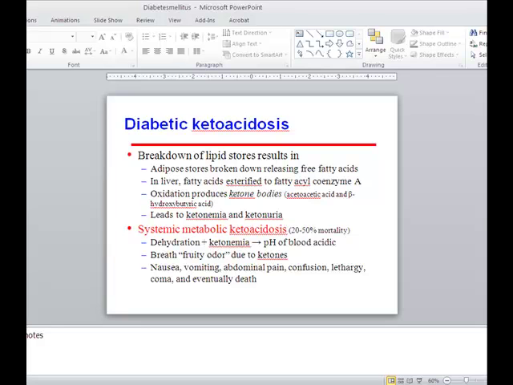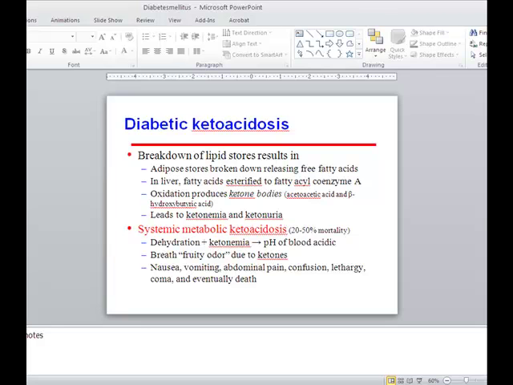And we've seen that the breakdown of these triglycerides leads to fatty acids, and in the liver the fatty acids are converted to acetyl-CoA, and oxidation of acetyl-CoA produces these ketone bodies, or ketoacids, acetoacetic acid and beta-hydroxybutyric acid, which are then secreted into the blood. The increased ketone bodies in the blood is referred to as ketonemia or ketonuria.